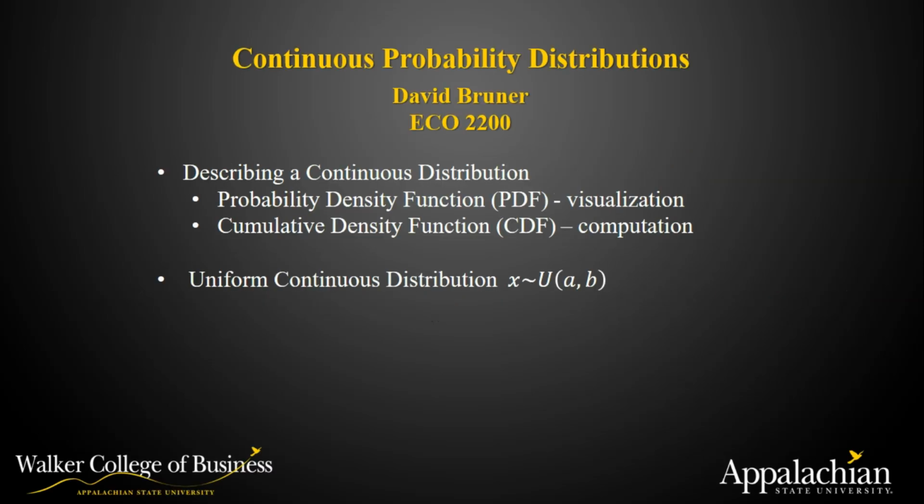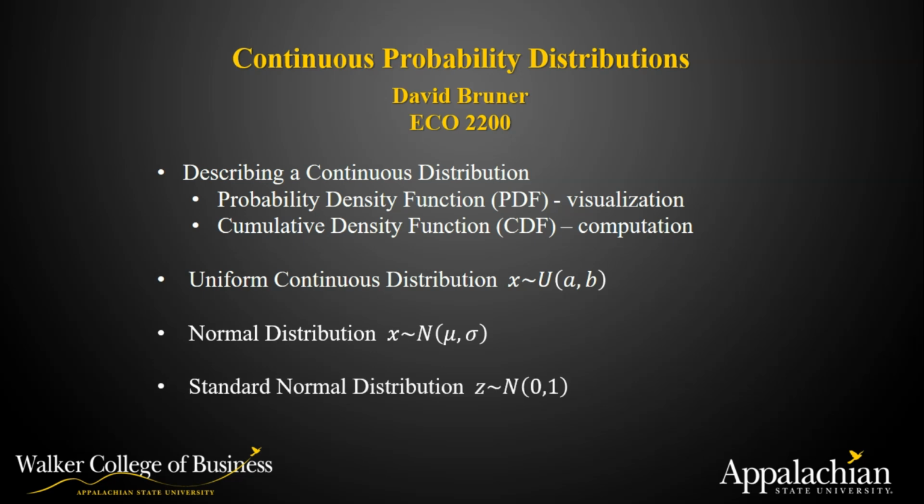Now that we've seen how to calculate probabilities for the continuous uniform distribution, we're going to do the same for the normal distribution. So if x, our random variable, is distributed normally, it is denoted by x tilde with a capital N, with the arguments being mu, the mean, and sigma, the standard deviation.